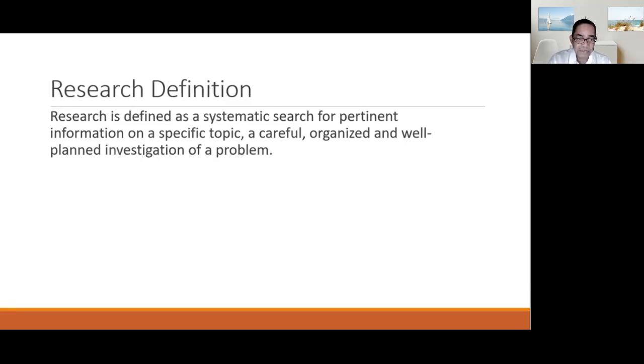And many times, that information on a specific topic is a problem that the researcher wants to solve. It will be a careful and organized, well-planned investigation of that problem.